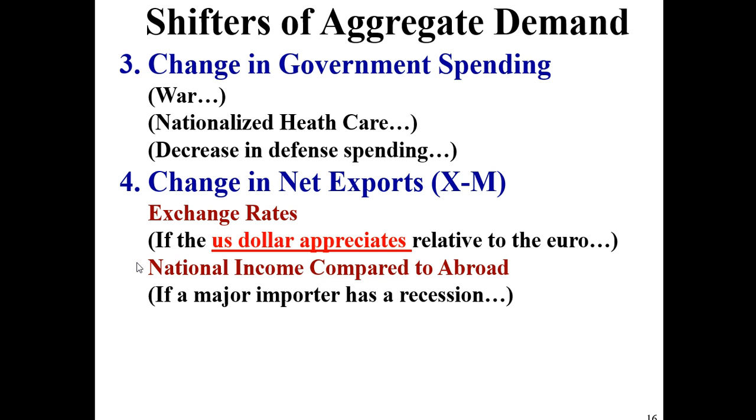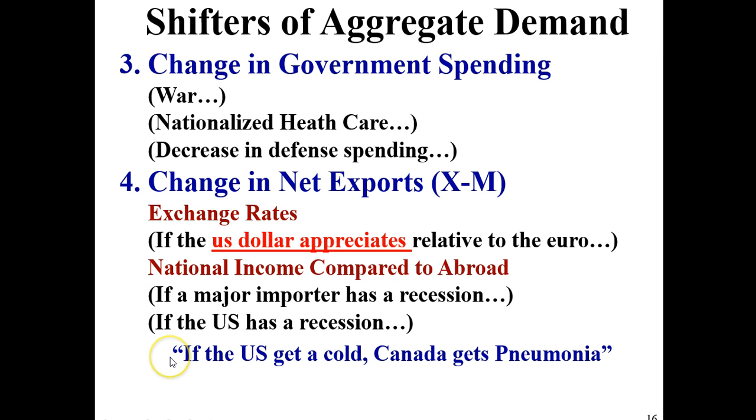So their monetary situation is going to affect their ability to buy our goods. And again, that creates a problem for us. So we are connected to other countries through their economic situation. If the United States has a recession, then we're buying fewer goods from other countries. And oddly enough, that actually improves our net export situation.